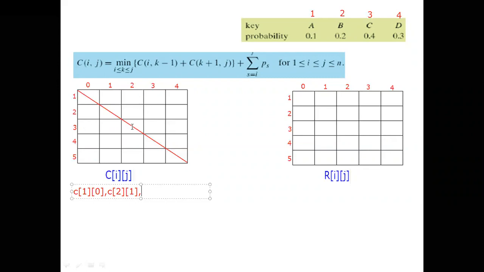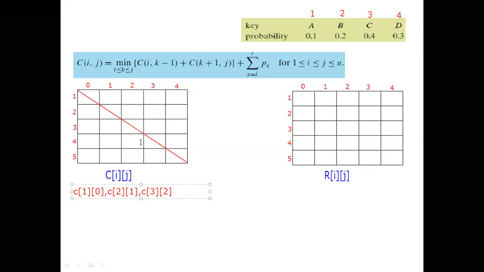This one, C of 3, 2. Which is the next value?